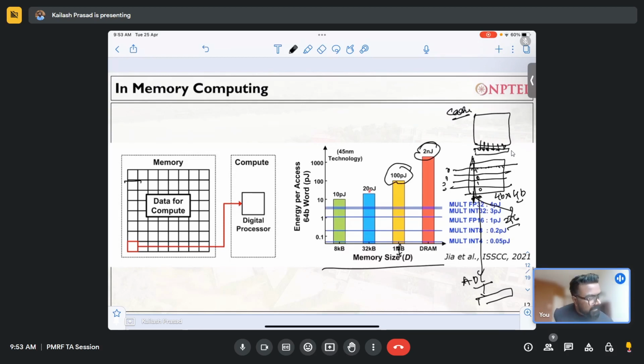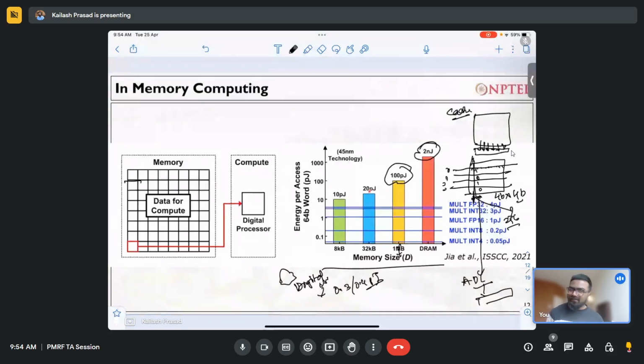And if I only want to do computation using digital circuits, it only requires maybe 0.3 or 0.4 picojoule of energy. So you realize that our computing system doesn't take much energy, rather the data coming from the memory has all the energy, maybe 70 to 80% of the energy goes in that.